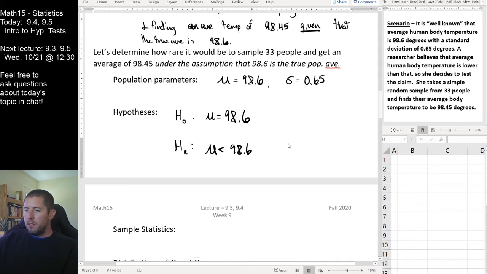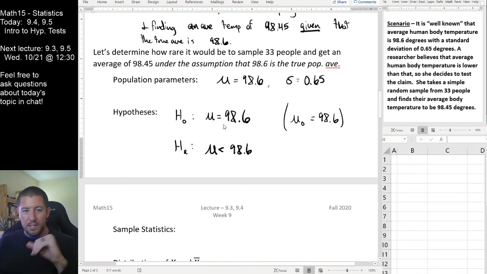All right. So in general, by the way, over here, we will refer to mu sub 0 as 98.6. This is like saying, according to the null hypothesis, mu is 98.6. But remember, the entire point of this process, and almost the entire point of this class in general, is for us to argue that maybe those things aren't true. How do we ever update our information? How do we take in data to update what we think that we know? The whole point of this experiment is we're a little bit unclear about what the true population's average body temperature actually is.